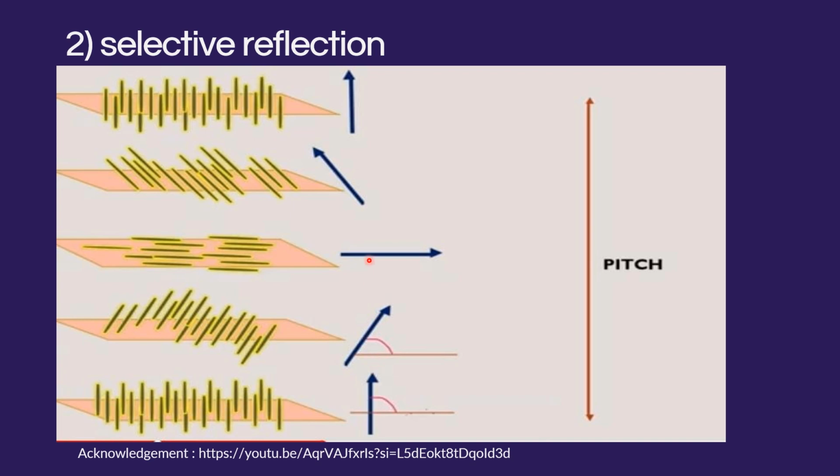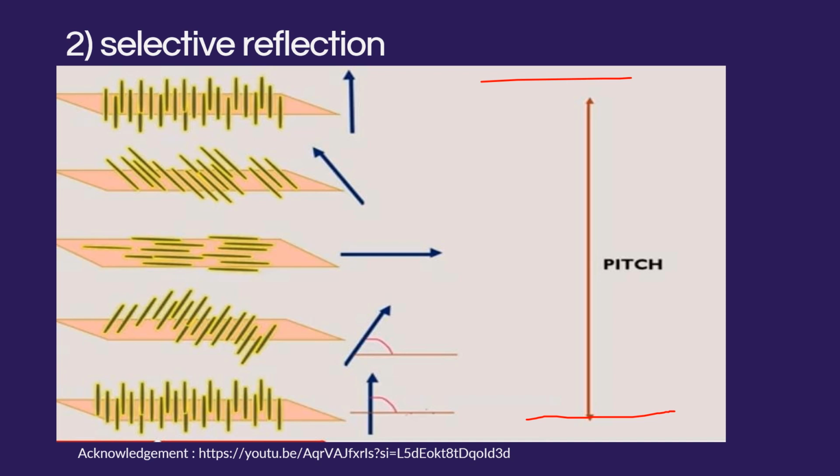So the distance between these two planes is basically the pitch, as it is marked here. Pitch is nothing but the distance taken by the director to rotate one full turn in a helix. As you observe here, the distance between these two planes corresponding to the same director direction is known as pitch.